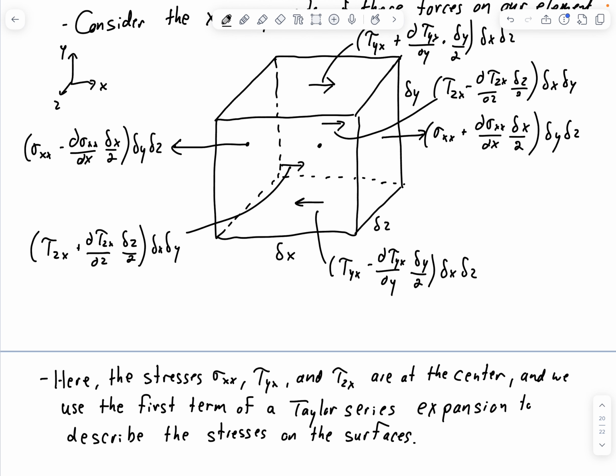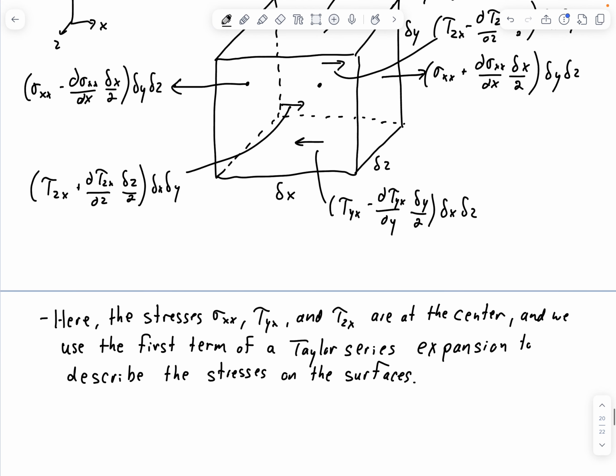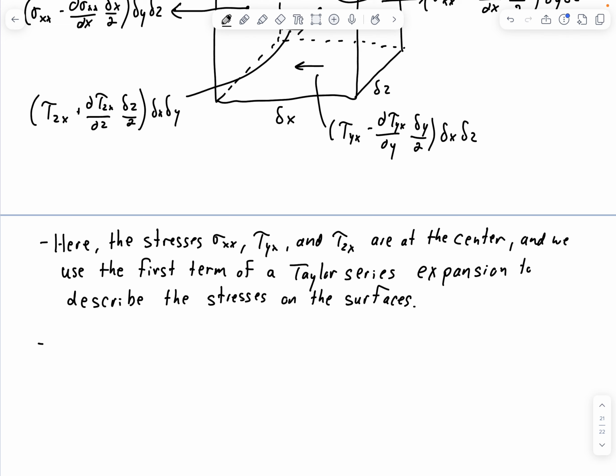We want to add all of those together and to find a sum or a net force, a net surface force in the x direction. To do that, we end up with the following expression.